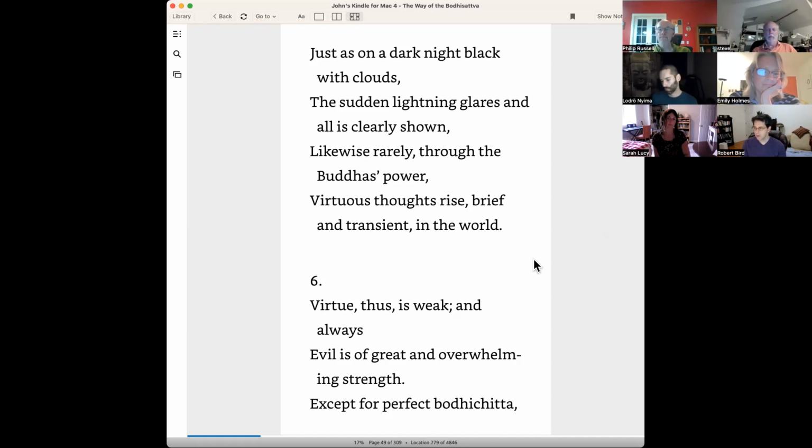They may come very briefly, they may come longer. It's completely individual. Each one of us experiences this. And likewise, rarely, once in a while, through the Buddha's power, virtuous thoughts arise, brief and transient in the world.